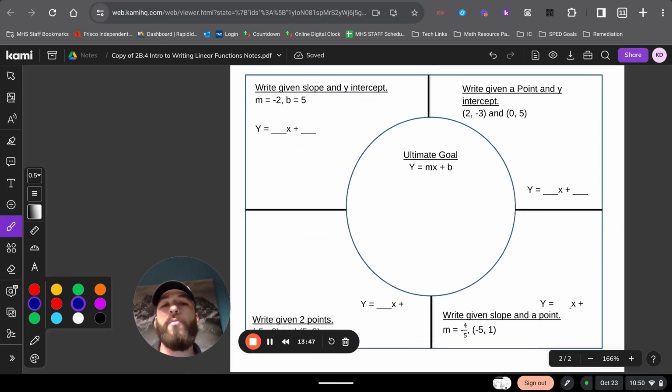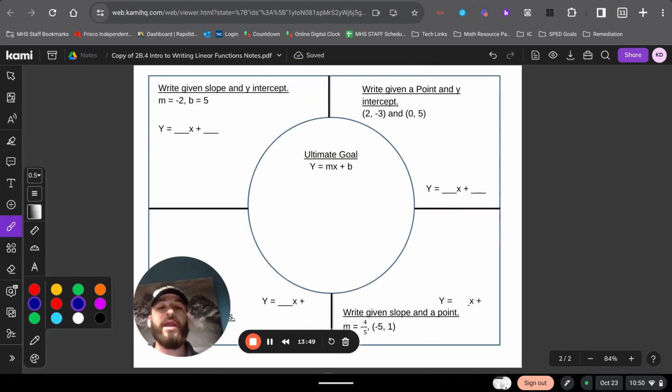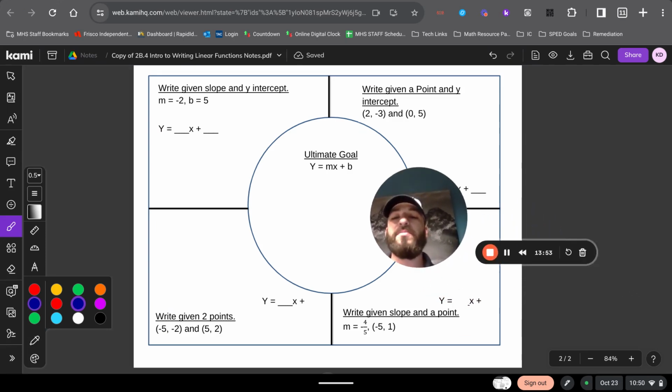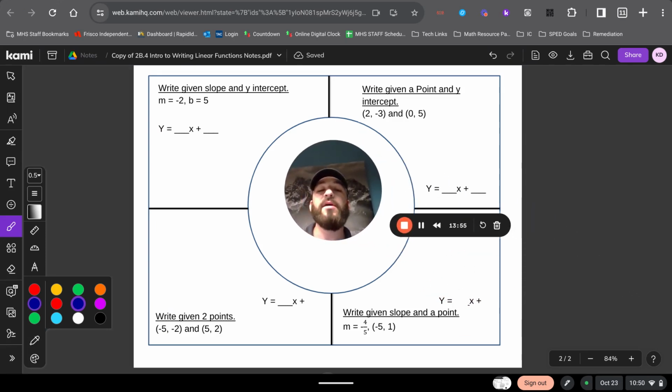We could be given the slope and the y-intercept. We could be given a point and the y-intercept. We could be given just 2 random points, and we could be given the slope and a point. So depending on the actual information that we're given, it could vastly depend on what kind of equation we're going to be able to write and how we're going to be able to write it.